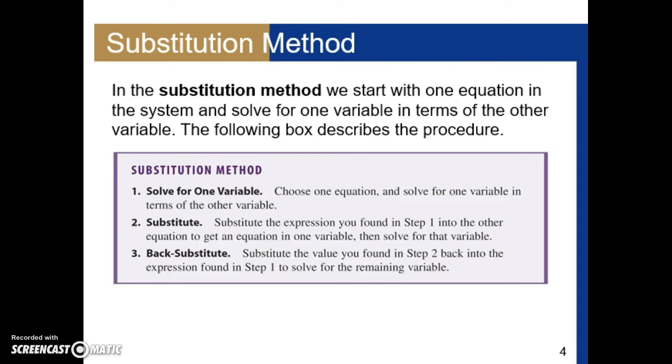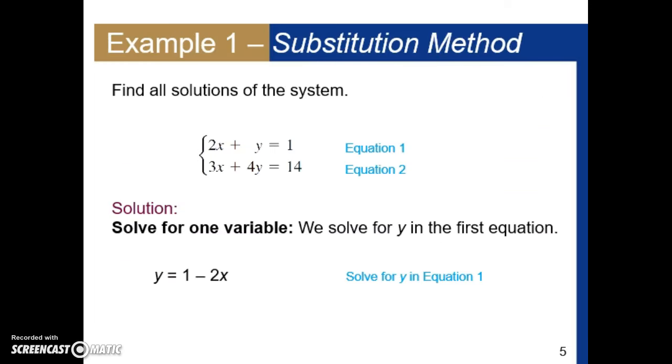Then we're going to substitute the expression that we found in step 1 into the other equation for that variable. So now we'll have one equation in one variable only, and we can solve for that variable. And then we will back substitute into one of the equations to solve for the other variable. It sounds complicated, but it's really straightforward.